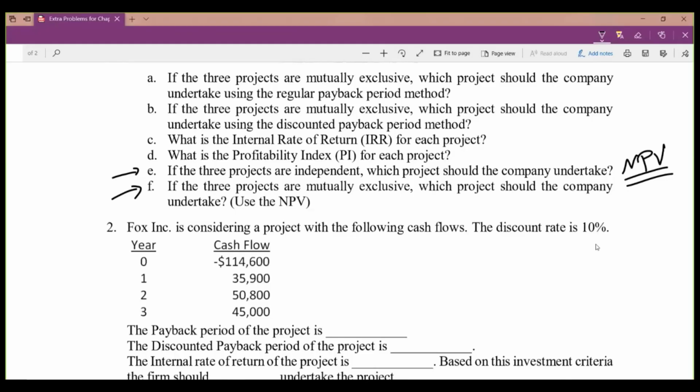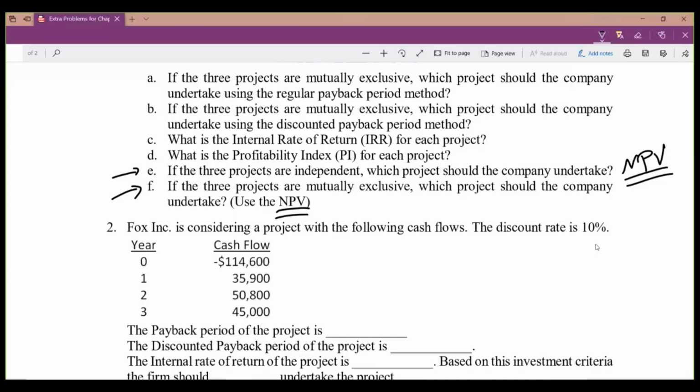If the 3 projects are mutually exclusive, which project should the company undertake? Also here, you should stick with the NPV, because in this case, you may take the risk of ending up with the wrong answer if you rely on the profitability index or on the internal rate of return with mutually exclusive projects.